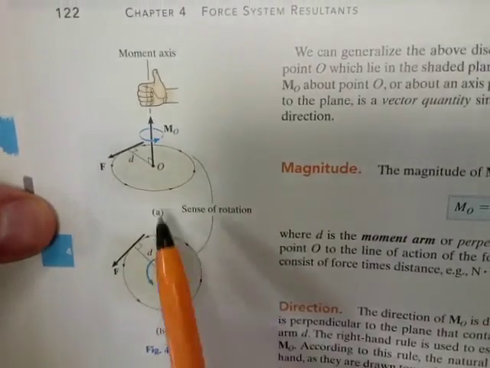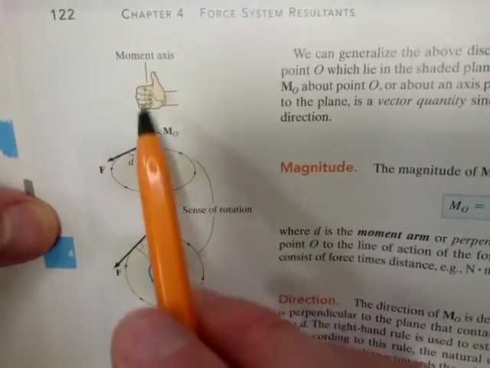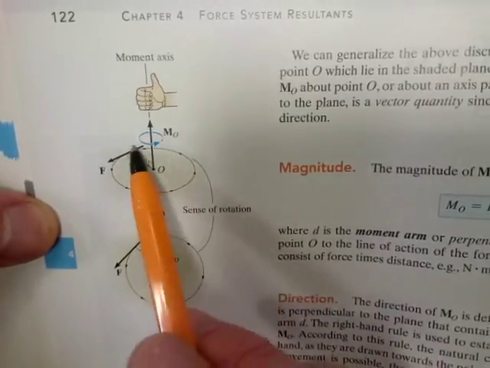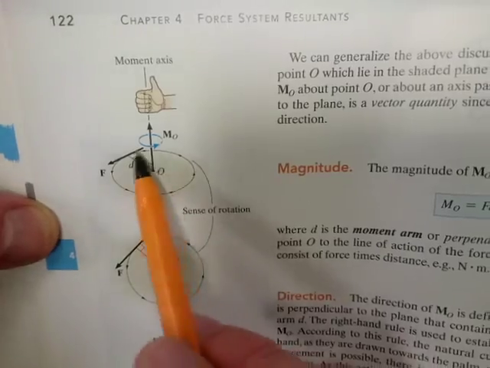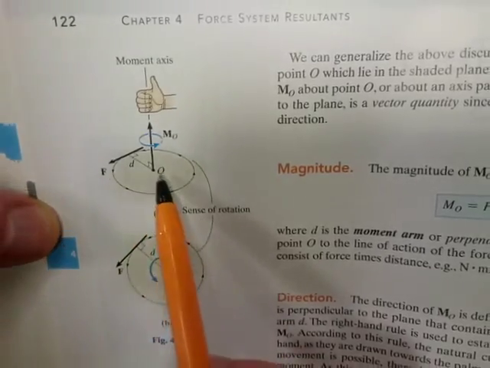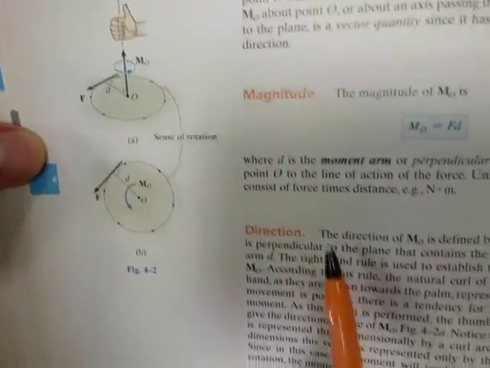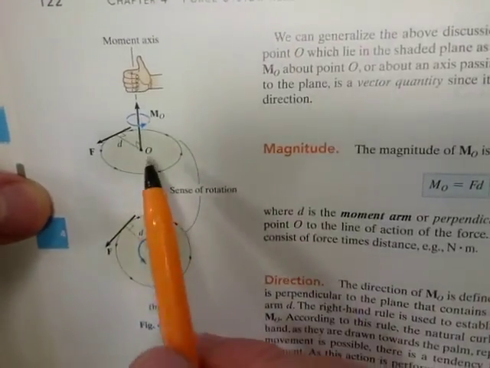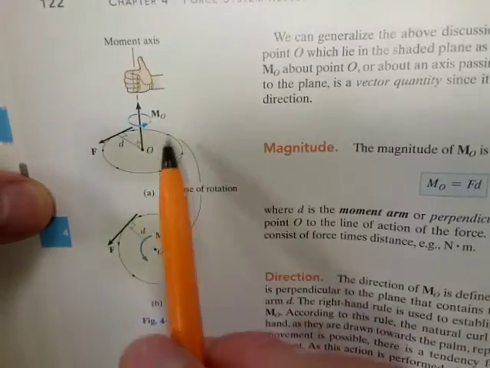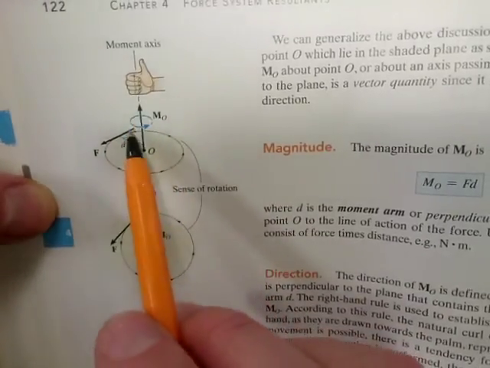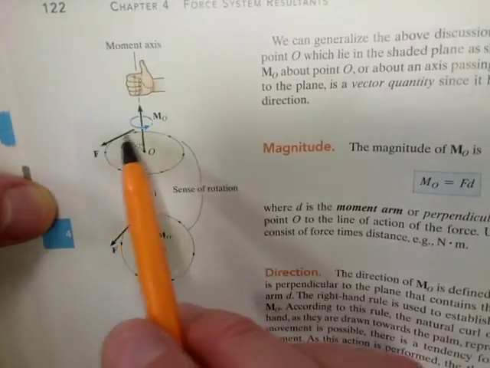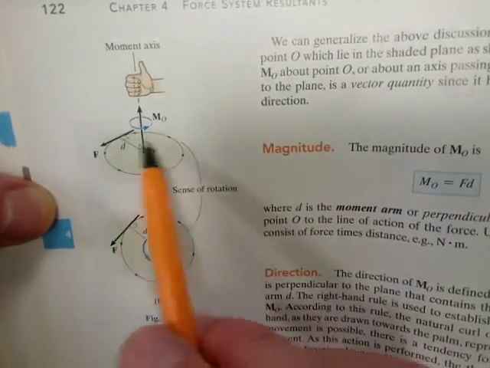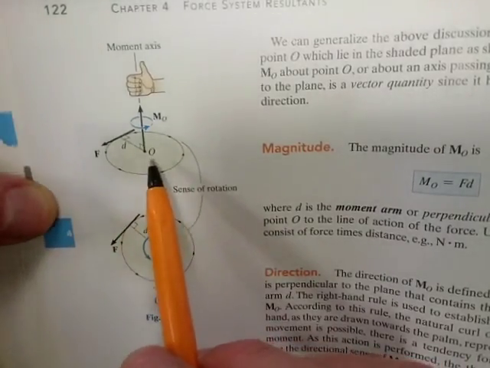Another way of looking at it, it is the axis about which this body is rotating due to the force. I'm going to repeat that. When we speak about the direction of a moment in three-dimensional space, it is the direction of the axis about which this force is causing the body to rotate. Does that make sense?